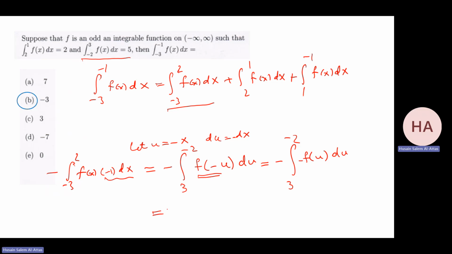So this is the integral from 3 to minus 2 of f of u du, but this one is with the minus sign. This is minus the integral from 2 to 3 of f of u du, which is minus 5. So all of this is minus 5.